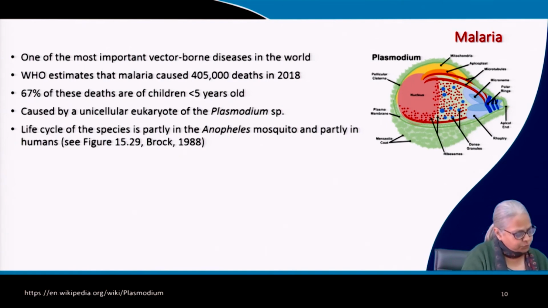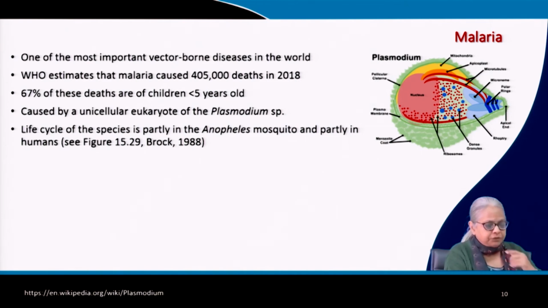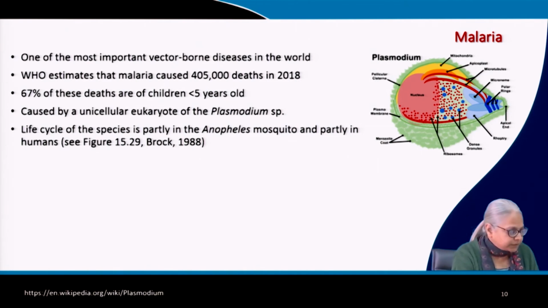Let me come to the life cycle of this Plasmodium species. You can refer to the figure mentioned over here, 15.29 in the text, and I will just briefly describe to you how malaria is transmitted.